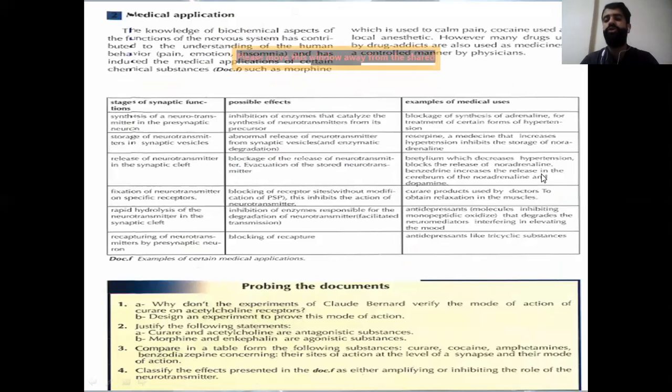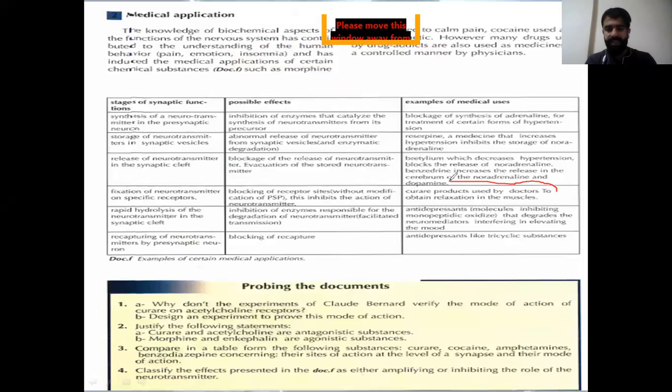For example, the Curer product is used by doctors to obtain relaxation of the muscles. We said that Curer is used for relaxation and inhibition of the muscles. While antidepressants, the drugs against depression, inhibit the monoamine oxidase that degrades the neuromediators interfering in elevating the mood.